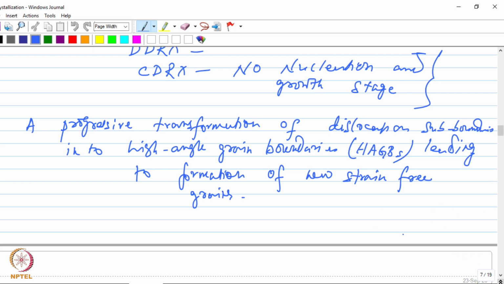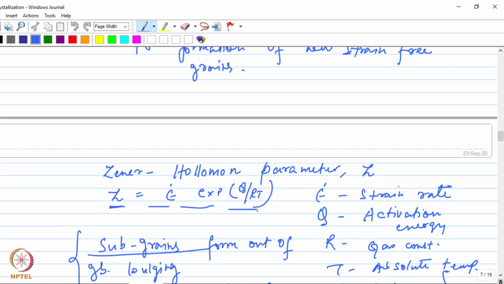Right? So once these boundaries formed, more and more dislocations will be accumulated along these boundaries and will increase the misorientation across them. So these boundaries will progressively turn from low angle boundaries to high angle boundaries, and eventually a lattice rotation takes place which converts all these boundaries into high angle boundaries, giving rise to the recrystallized grains.